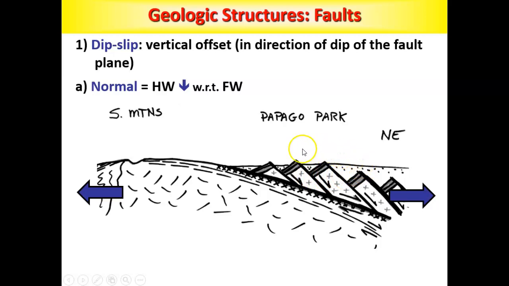It just so happens that in the process of this faulting, the hanging wall itself also broke, and even the motion on those is also normal as we extend the crust here. And we pull out this kind of metamorphic rock / igneous rock up to the surface that used to be way down here. That's what's exposed at South Mountain.